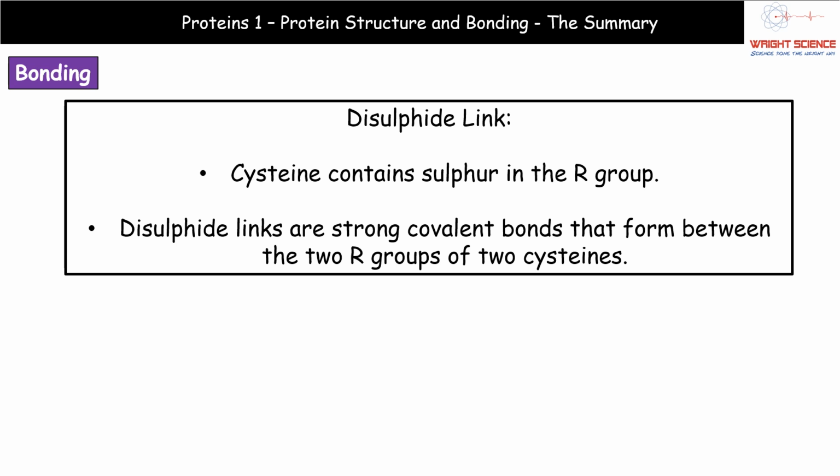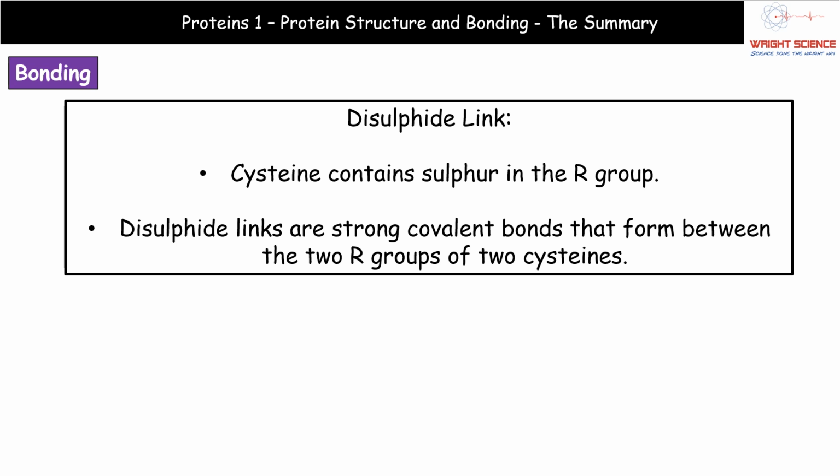The next type of bond we're going to look at are disulfide links. These also, depending on what you are reading, go by the name of disulfide bridges, disulfide bonds, disulfide links. They have an array of names, but they all have the one thing in common, disulfide.